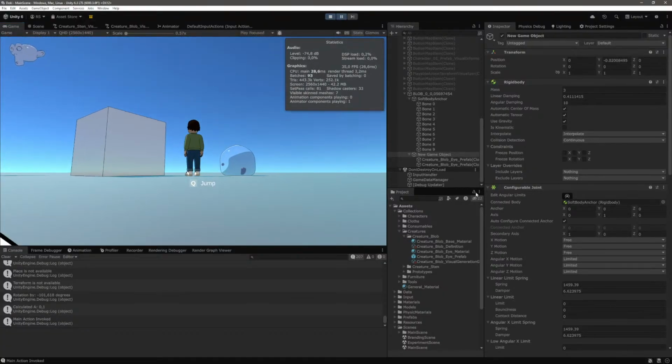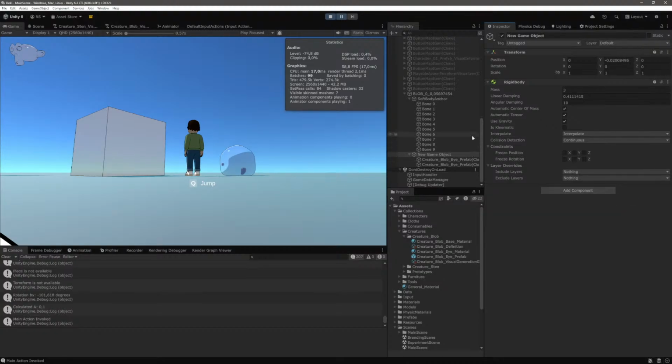So I want to do, let's pause it. Can we just remove this component? Let's remove this one as well.